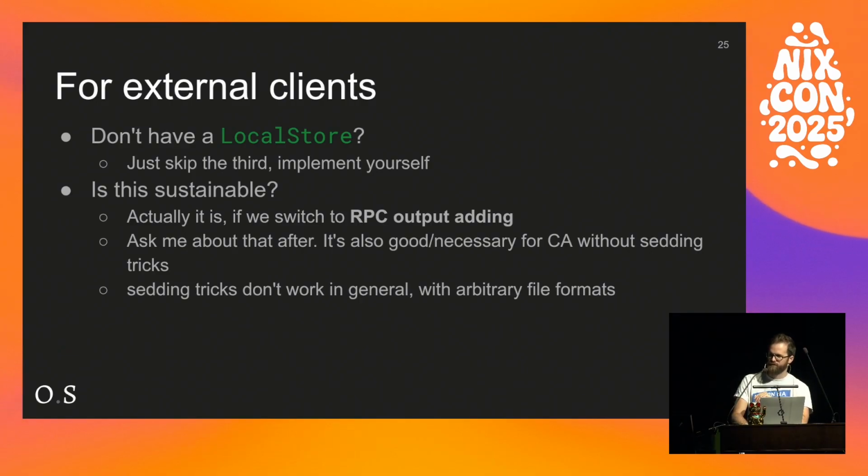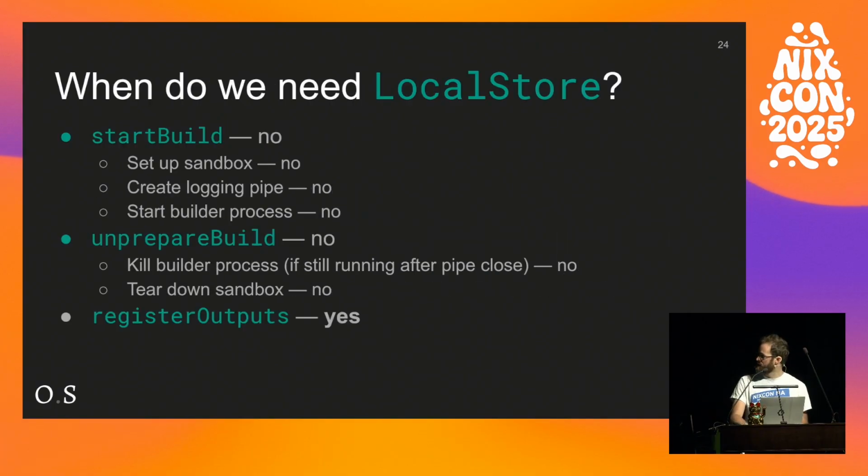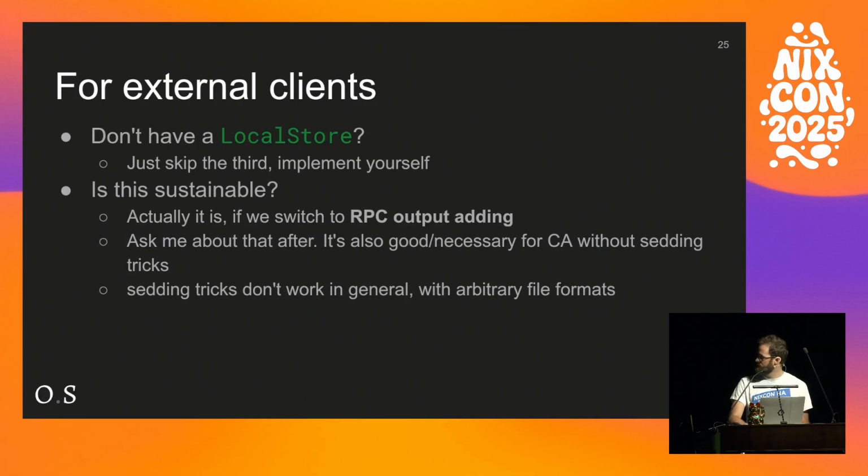For my other big project going on right now, dynamic derivations, CA derivations, I think the RPC way is actually just better, and that's also really convenient for this because it means we would no longer have this after-the-fact registering outputs, and instead we'd have this on the other side of the RPC registering outputs. And so that further separates these tasks in a way that I think is very good for both the new features and also the organization of the code.